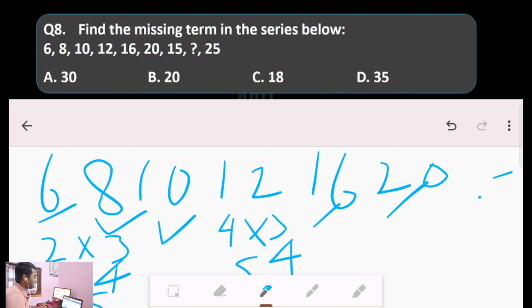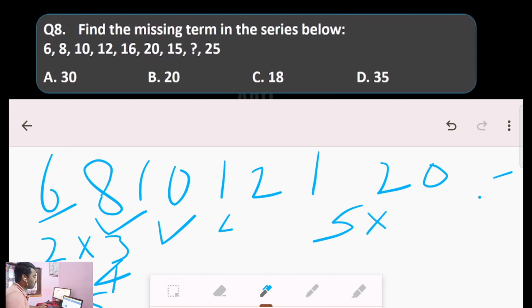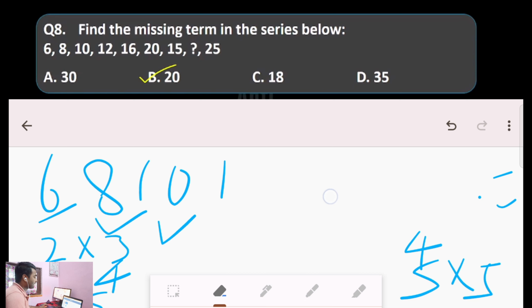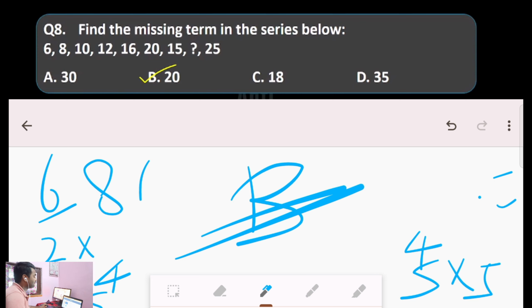Now after 20, again very simple, 5 into 3 is 15 and 5 into 5 is 25. So the missing one will be 5 into 4. So the answer will be 20. The option which has 20 is B. Hope this is pretty simple for you guys.